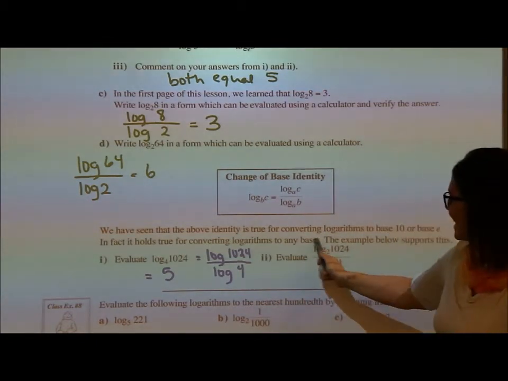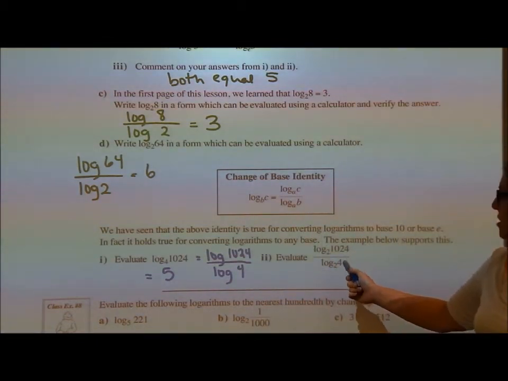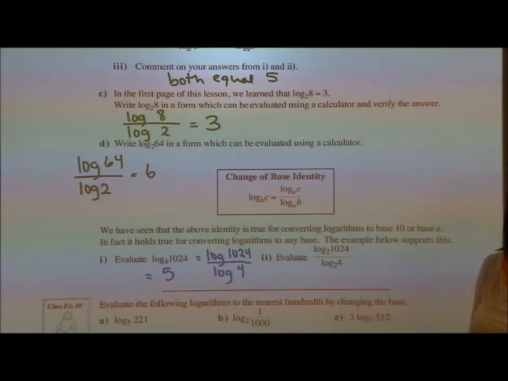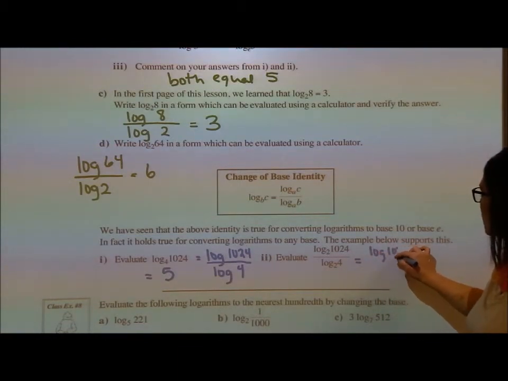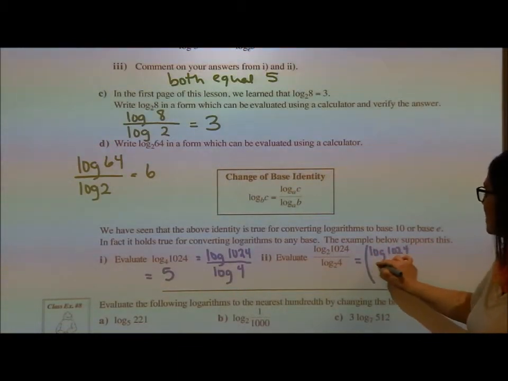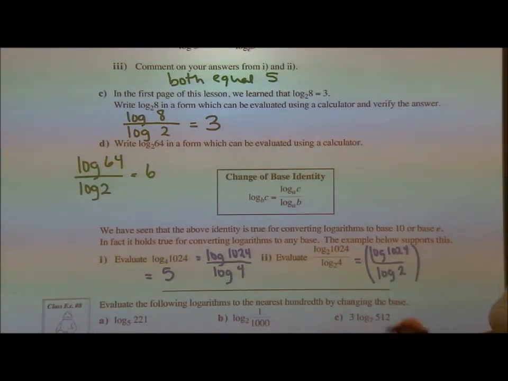And if I did this, log base 2 of 1024 divided by log base 2 of 4, which on my calculator would mean going log 1024, open bracket, divided by log 2, close the bracket, and then go divided by log 4 divided by log 2, I will still get the answer of 5.